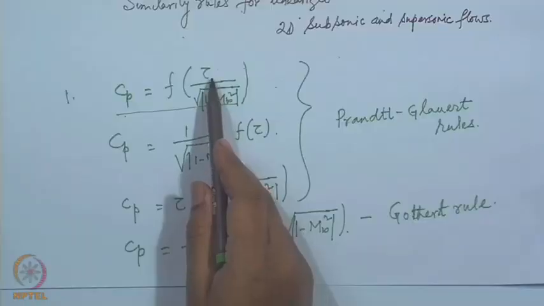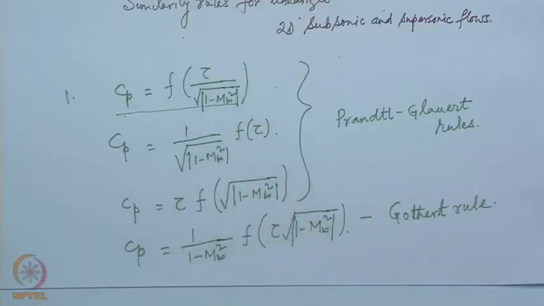We know in subsonic flows with increasing M infinity, this says that thickness will increase proportional to 1 by root over 1 minus M infinity square, and this rule then says that as the free stream Mach number increases in such a fashion that the thickness is also changed by this factor, then the pressure distribution will remain constant.